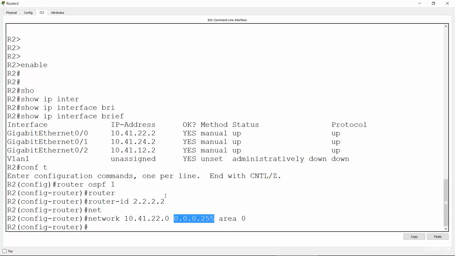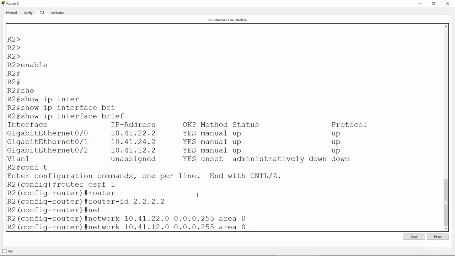Please keep in mind that if you are confused about which wildcard mask you need to use, you can invert your subnet mask. You should use 0 instead of 255, and 255 instead of 0. Because our subnet mask is 255.255.255.0, I'm using 0.0.0.255 for my wildcard mask.